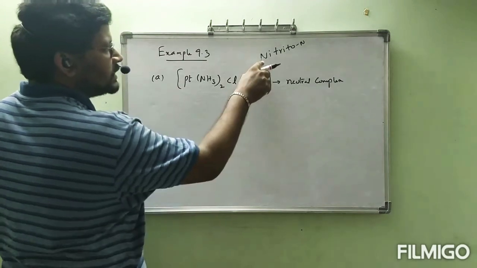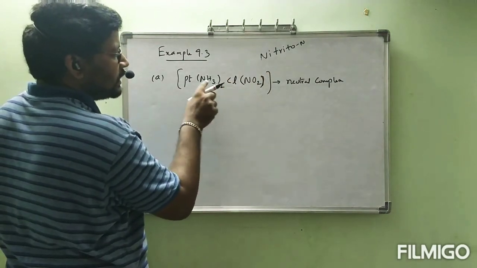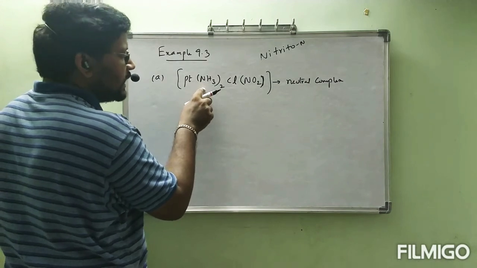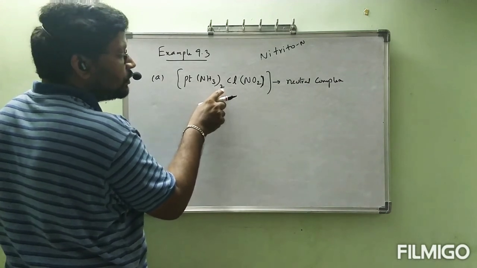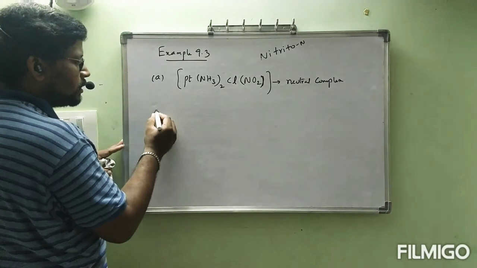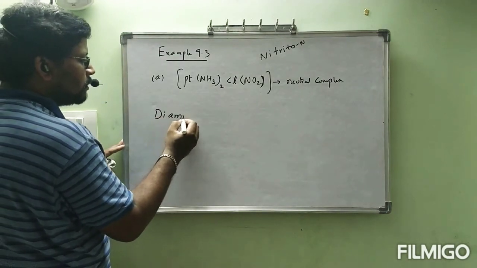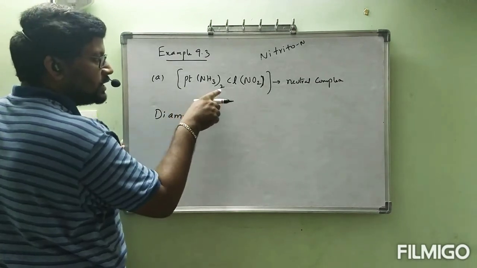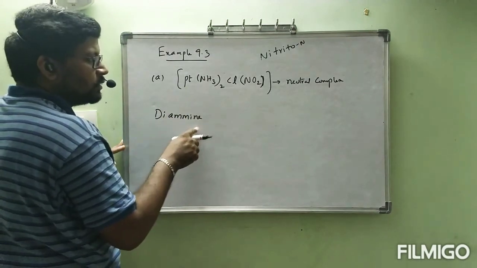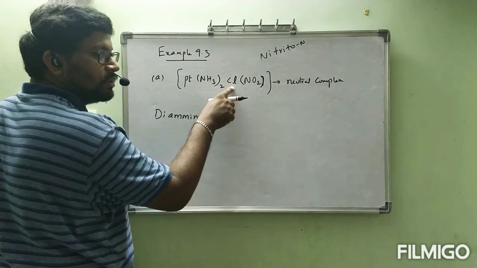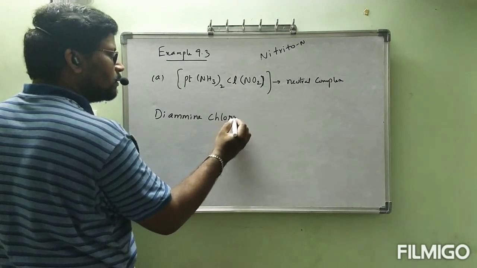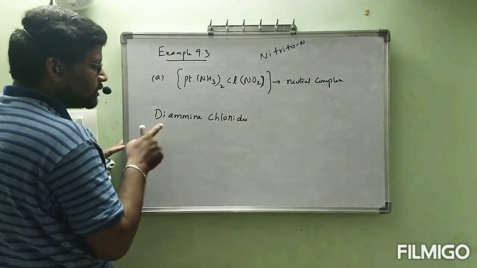Now this is N, this is C, A. We have to follow alphabetical order. First we get A. How many are there? Amine, 2 are there, so diamine. NH3 2 are there, so diamine. Chlorine, how many are there? 1, so simply we write chlorido. See my alphabetical order.